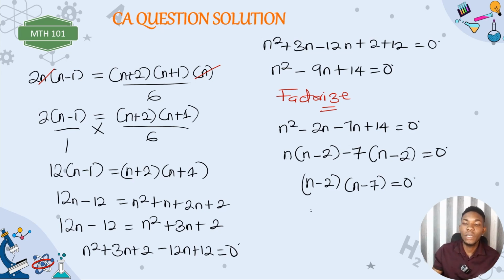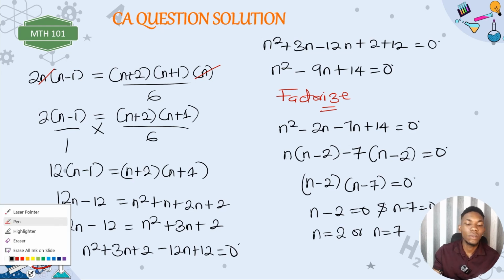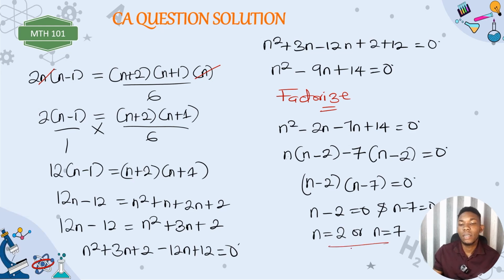So at the end of the day, your answer will be n minus 2 is equal to 0 and n minus 7 is equal to 0. So your answer is n is equal to 2, or n is equal to 7. If this minus 2 crosses to the other side, it gives 2, and if this minus 7 crosses to the other side, it gives 7. So this is the answer to this question.